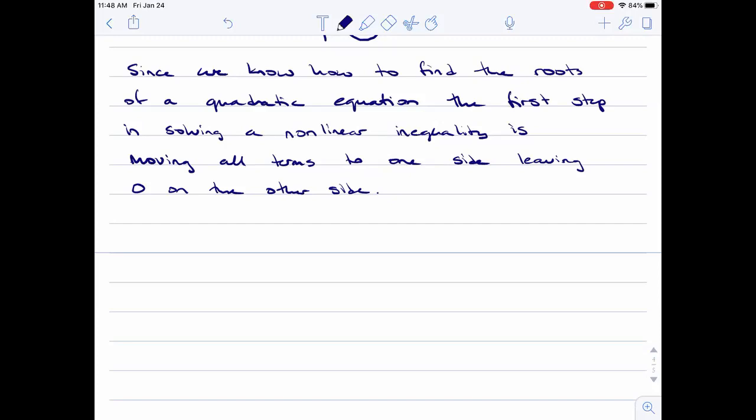Then we can use the quadratic equation to find the roots, right?